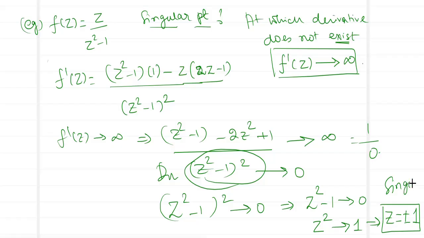So how do you get your singular points? Just differentiate your function and equate the denominator to 0. The denominator equated to 0 gives you your singular points. I hope you are now comfortable with how to estimate the singular points of any given function. Thank you.